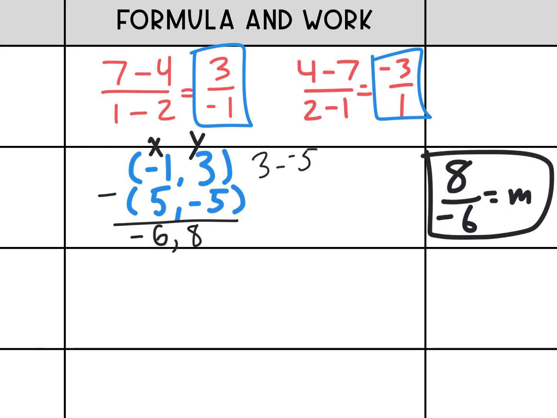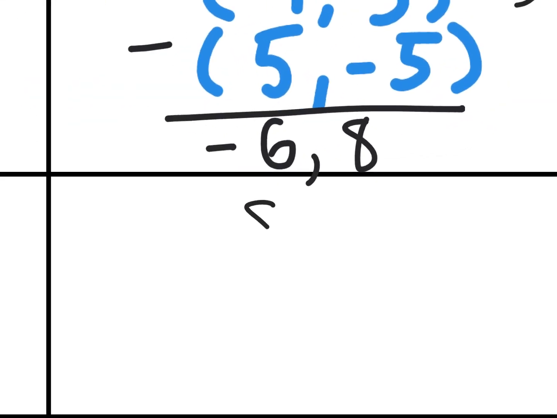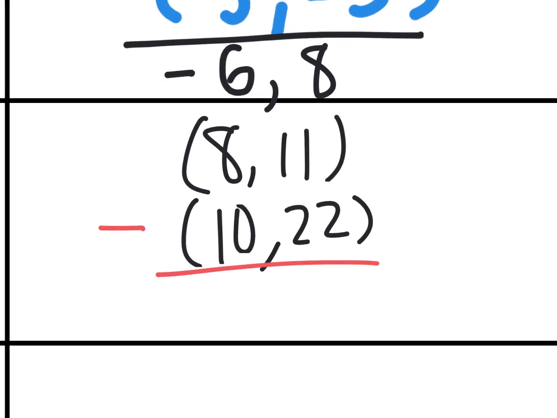And so the steps again are stack, subtract, and then y over x. And so if we do this again, 8, 11, 10, 22. What we care about is change in y over change in x. Well, that's always a subtraction problem. So subtract. What is 8 minus 10?